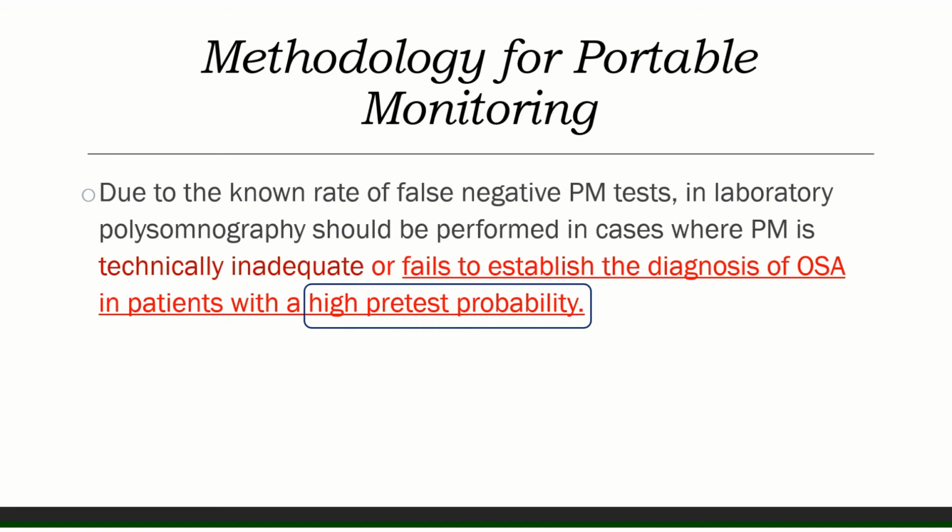We haven't had the test yet, but we're predicting a high chance of OSA. So let's say we gave her an HSAT study, a portable monitoring device. She went home with it, and the results said she didn't qualify for having obstructive sleep apnea. Then we would bring her in for a PSG just to make sure these results are correct, because it's highly unlikely that she doesn't have OSA. So that's what we mean by that.